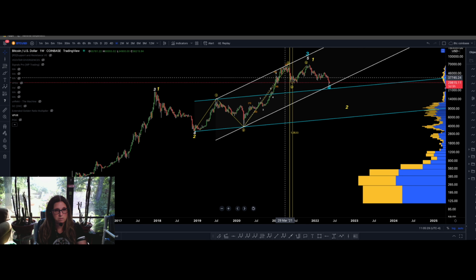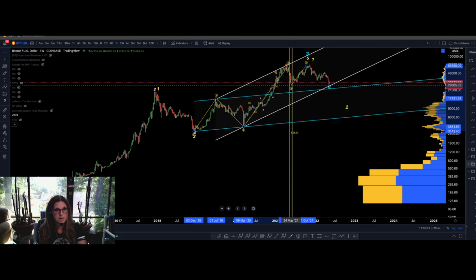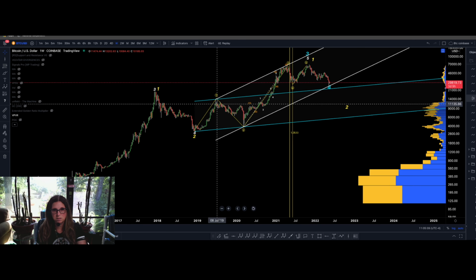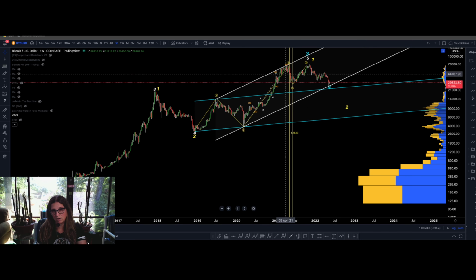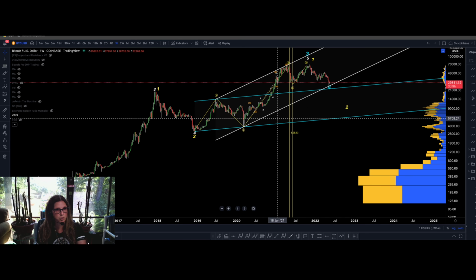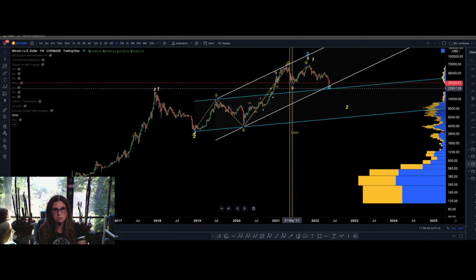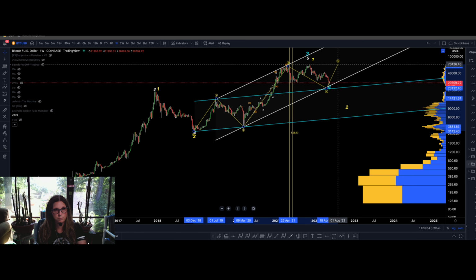We can debate about this fourth wave all day long, and we still won't come to a solid conclusion. Yes, this is a deep 2, and it was long. This is a shallow 4, and it was short. It looks beautiful the way that I have it. But it doesn't mean that this 4 isn't over here and we're going to hold, and that we're going to push up for a 5.